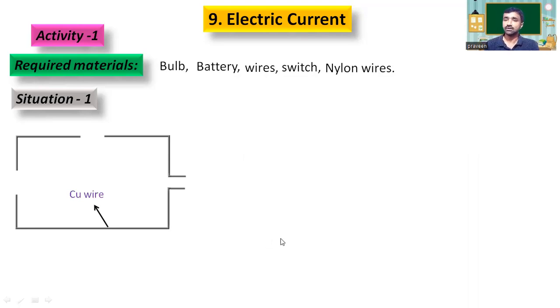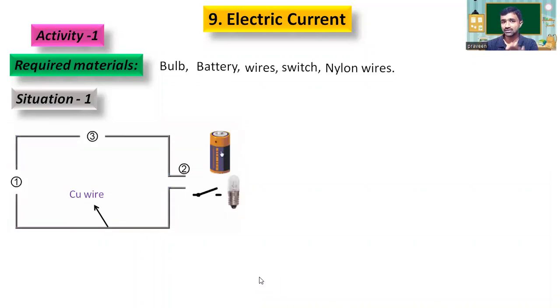You know how to connect it. First of all, I am going to connect the bulb and battery. Then switch on. Just look carefully here. What is going to happen when you switch on?